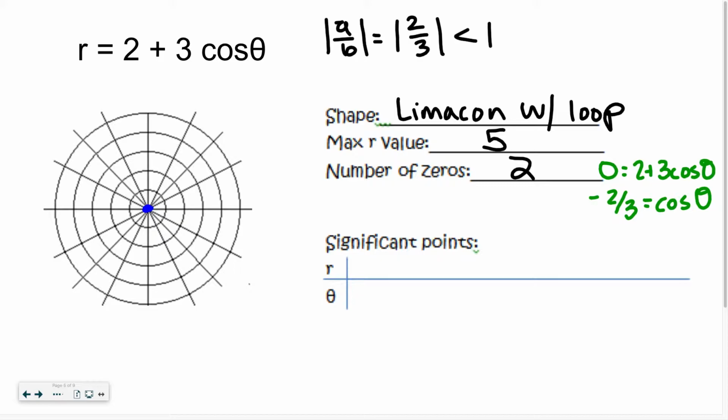Think about angles that you could be plugging in for this cosine. You'd have to multiply it by 3 and add it to 2. Wouldn't you like your numbers to work out nice? Integers, no fractions, no radicals. What are good angles for that on the unit circle in terms of sines and cosines? Quadrantal angles, right?